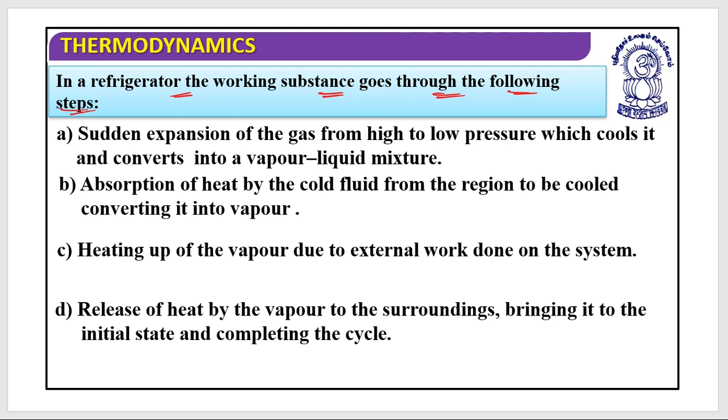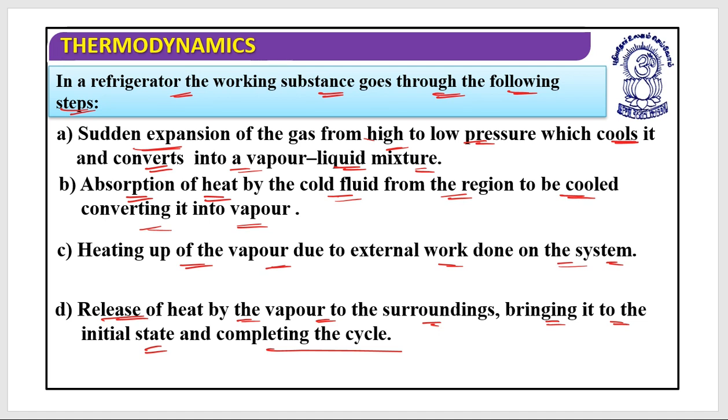First, sudden expansion of the gas from high to low pressure, which cools it and converts it into a vapor and liquid mixture. Then absorption of heat by the cold fluid from the region to be cooled, which converts it into vapor. Then heating up of the vapor due to external work done on the system, and release of heat by the vapor to the surroundings, bringing it to the initial state and completing the cycle.